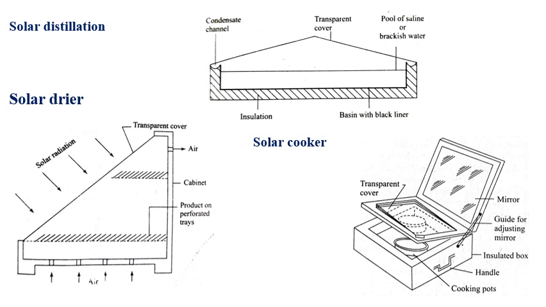So for this we can use solar energy for cooking. So solar cookers have a very relevant place in the present fuel consumption pattern. Various designs of solar cookers have been developed in our country.